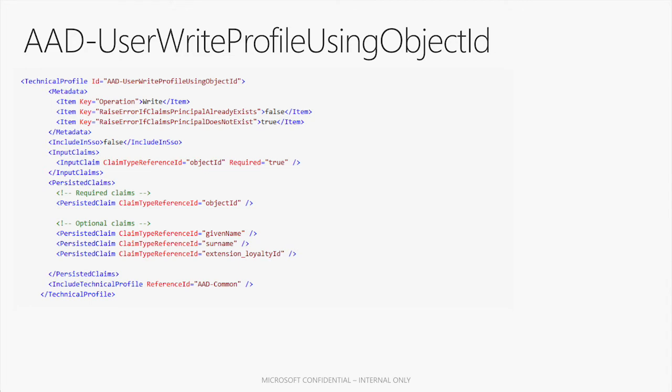So this one, the AD user write profile using object ID. For simplicity, let's assume it was a REST API. In the REST API case, if it returns a 200, that's a success, and it will move forward. If it returns an error, in this self-asserted profile, it will stay on the same page and show an error at the top. And that error can also be returned by the REST API.